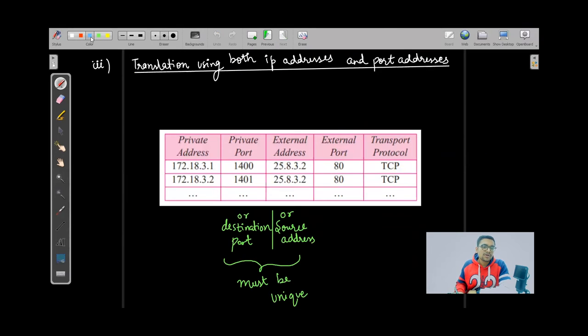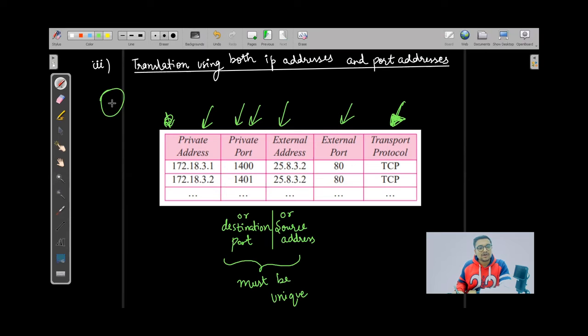In the third way, we are going to assign not just the IP addresses, but the port addresses as well, along with the transport layer protocol we use while requesting or communicating. In this case, we have a private address and a private port number.